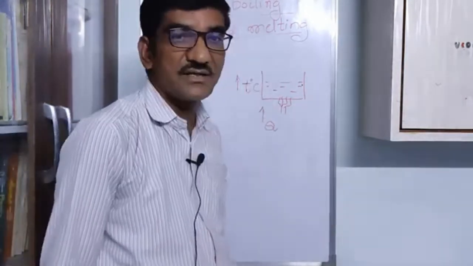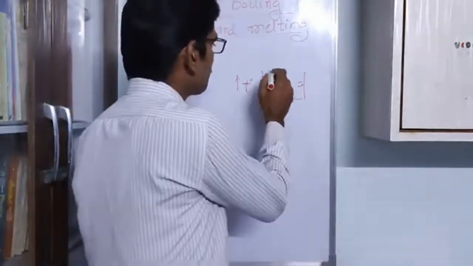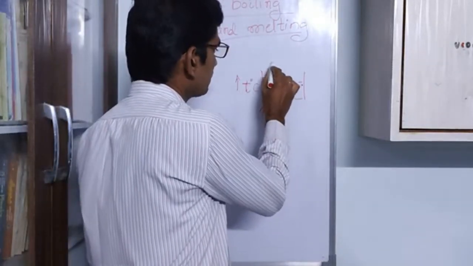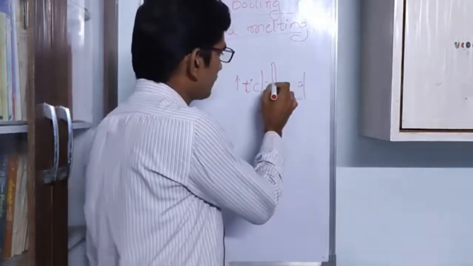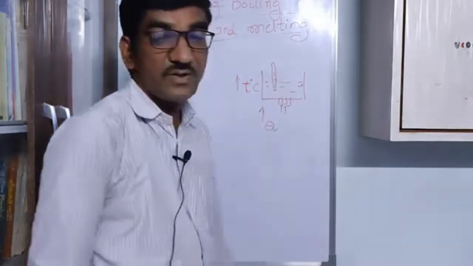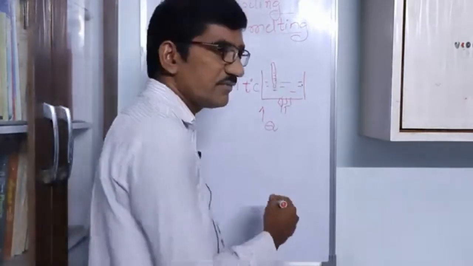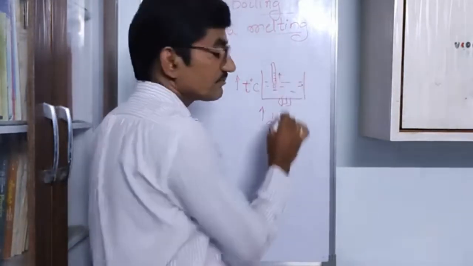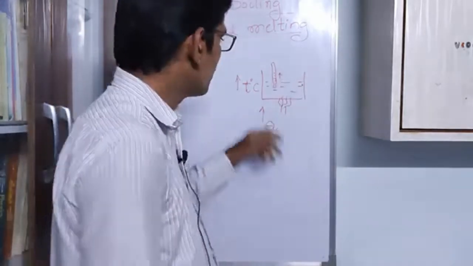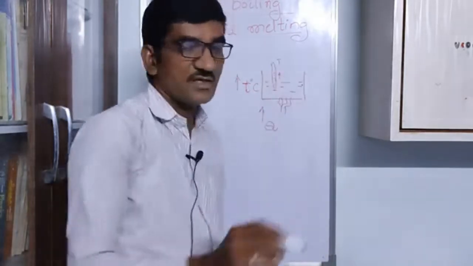This water's temperature goes on increasing. As you put a thermometer here and observe the change in the temperature, as you go on heating, you will see the increase in the reading of this thermometer. That means the temperature of the water is increasing.